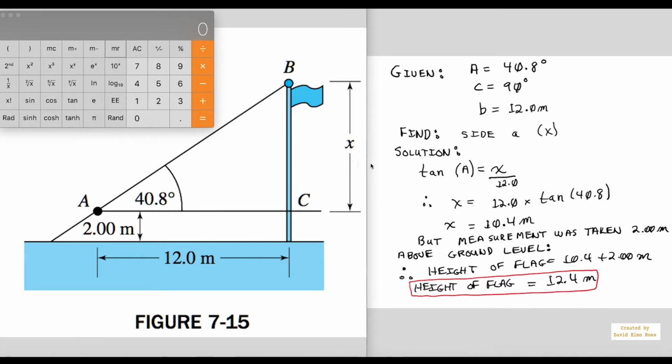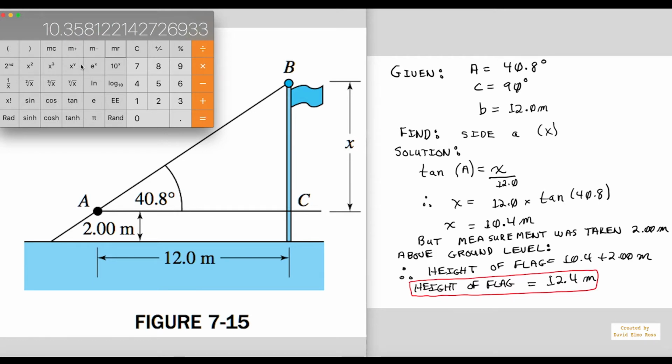But we know that the tan of A here, which is our 40.8, is equal to X over our 12 meters. So if we rewrite this, we can say X is equal to 12 times the tan of A, which is 40.8. So let's do that calculation. Let's put in 40.8, take the tan of that, and multiply that by 12.